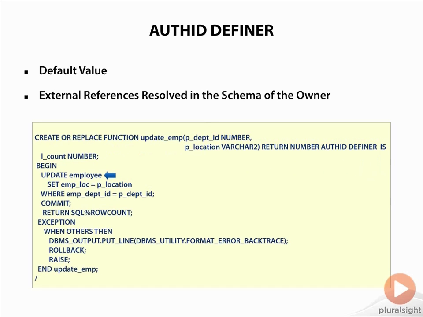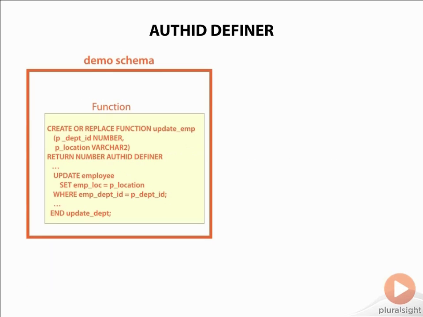Inside, it first updates the employee table, updating the location to plocation for empdptid equal to pdptid. It then returns the count of rows updated. Let us say we compile this in the demo schema where it operates on the employee table in that schema.